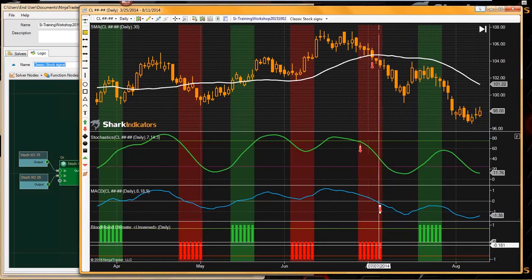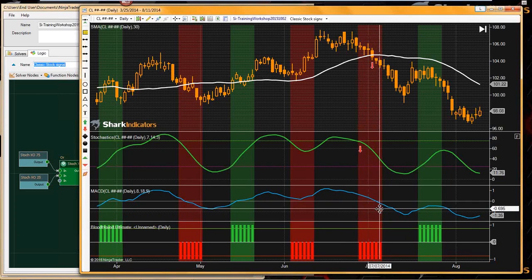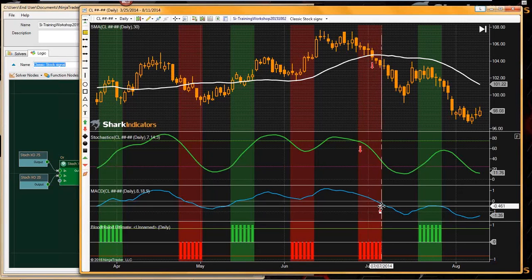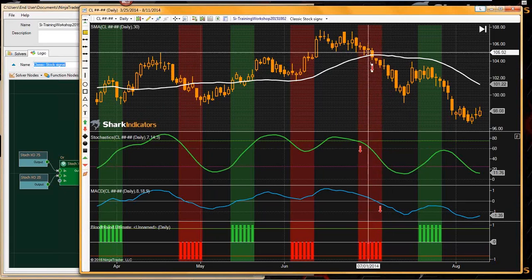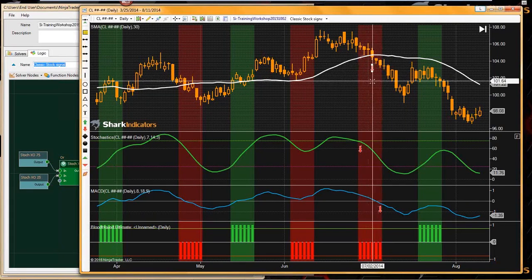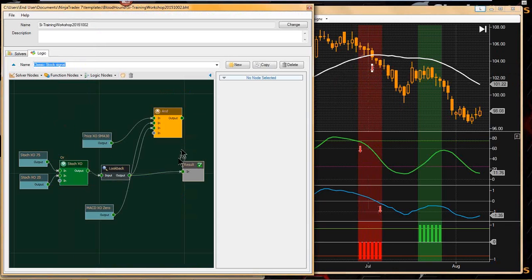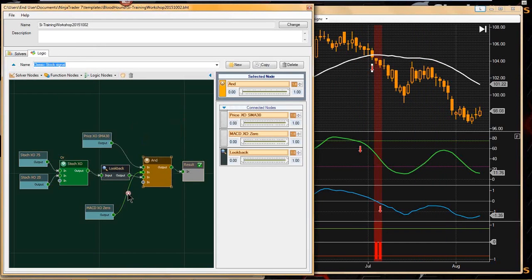So I had to get those cross down signals extended forward until the MACD did its crossover. And we can see here, price crossed down inside of this short area here. So now let's take a look at the final result there.